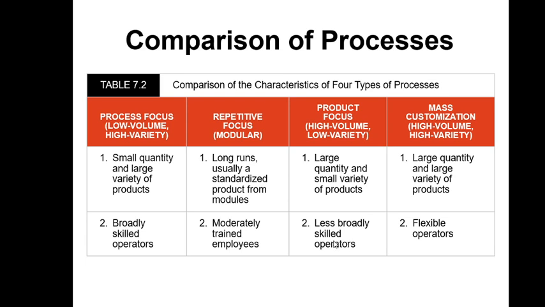You don't really need highly skilled operators or employees, as we have said, because they are operating machines and there are standards to do that, so you don't really need highly skilled people. And flexible operators, you need them in the mass customization because it's make to order.